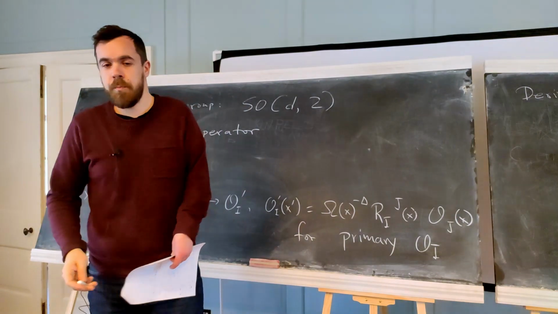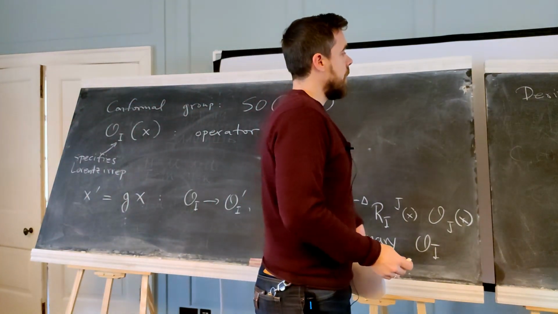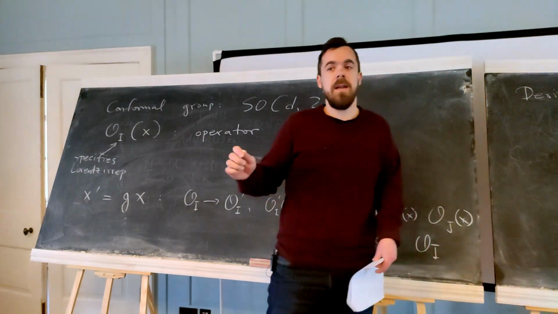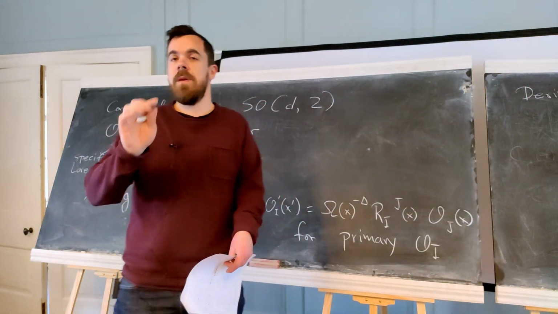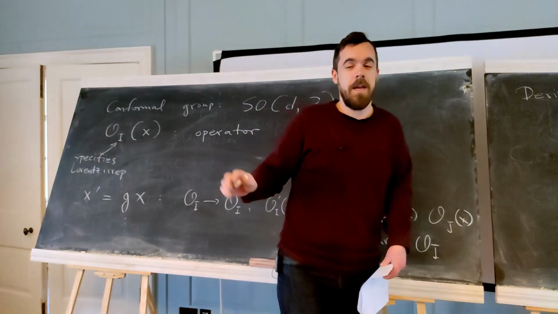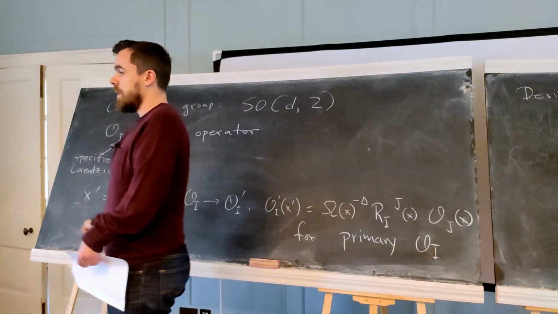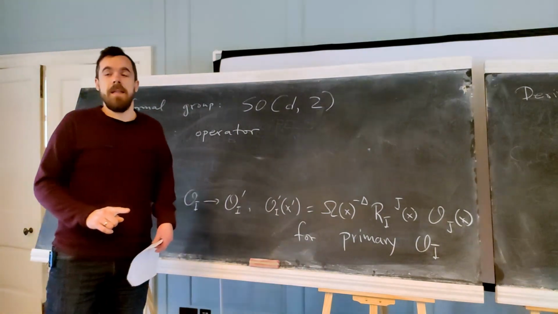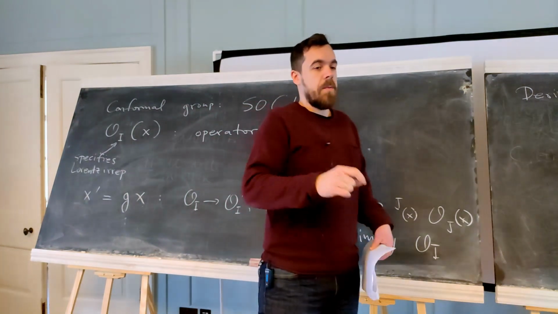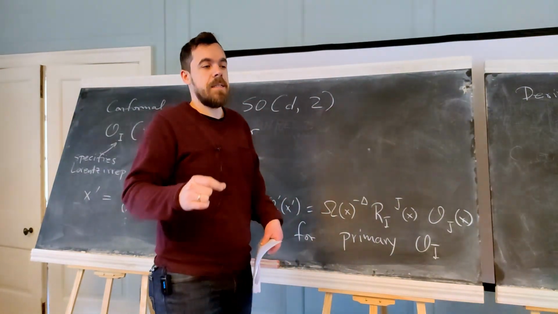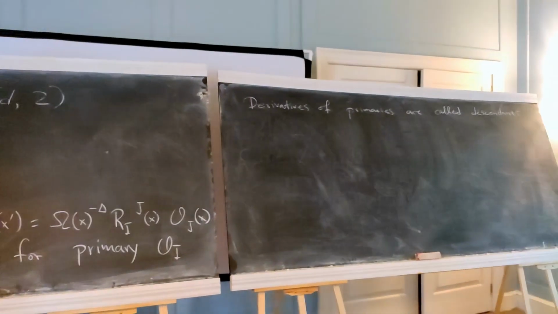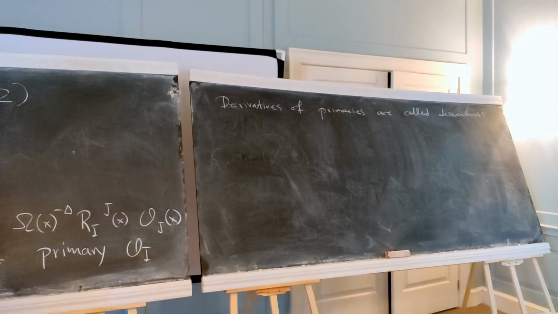Now, I will not prove this, but one can show that if you have unitarity in a conformal field theory, then every operator in the theory can either be a primary or a descendant. Sometimes it can be both, but whenever it's both, it has to be set to 0. You can see this in many different ways. If an operator is both a primary and a descendant, then it satisfies some sort of conservation condition, which sets it to 0. One example is a conserved current in a conformal field theory.